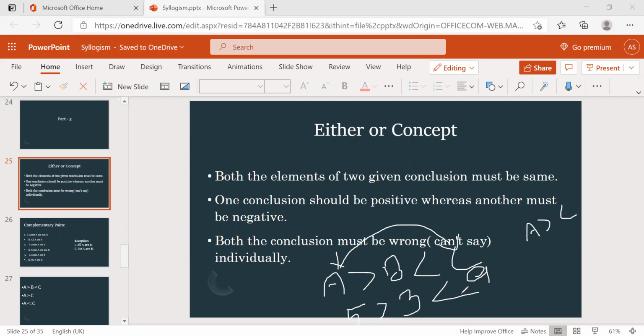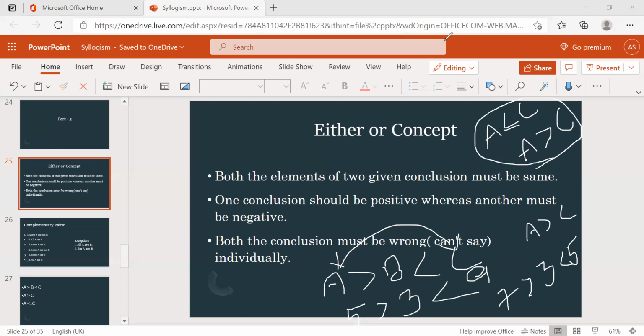Or you can say if A equals 7, B equals 3 and C equals 5, then the condition is also satisfied. So both will be possible. We can say A is either less than C or greater than C. This will be possible.